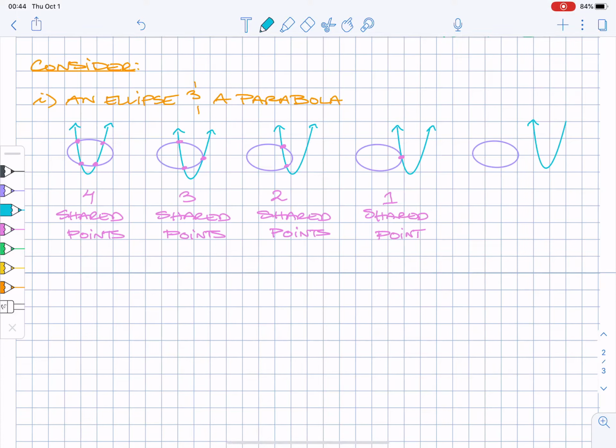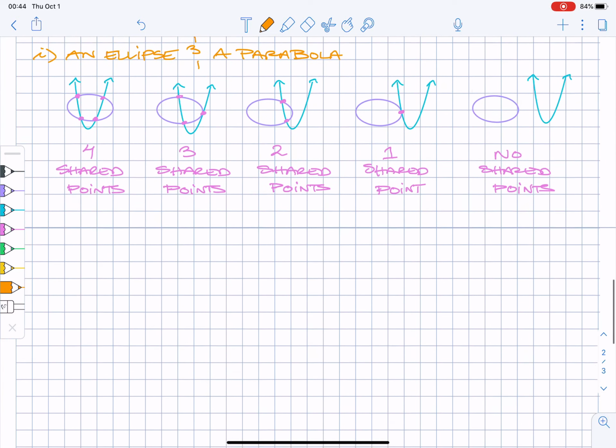So this will be no shared points, 0 shared points. In fact, I'd rather use the word no. There is, of course, the analogy using ellipses and circles.